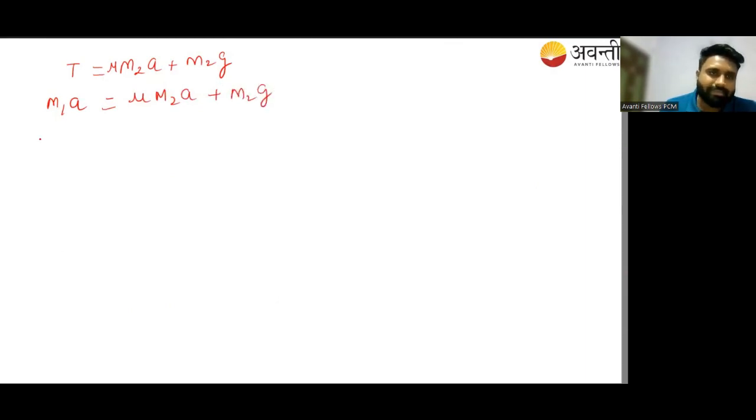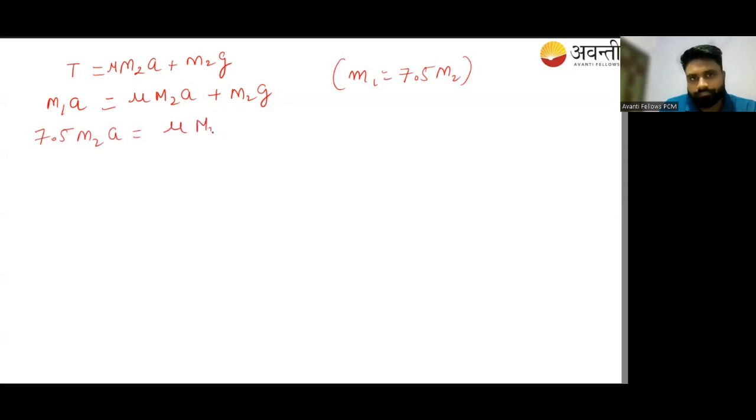M1 is given in the question as 7.5 times M2. So 7.5 times M2 A equals mu M2A plus M2g. M2 and M2 cancel out from both sides. Put the value of A also, which is given as g/7.